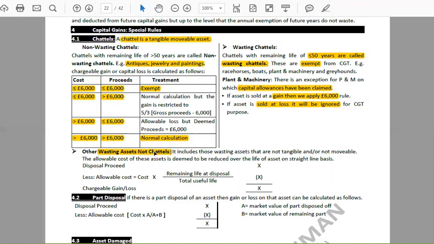So these assets are not chattels because either they are not tangible or they are not movable. All intangible assets are examples of this type of asset. And the second condition is that these should be wasting, which means life should be less than 50 years.